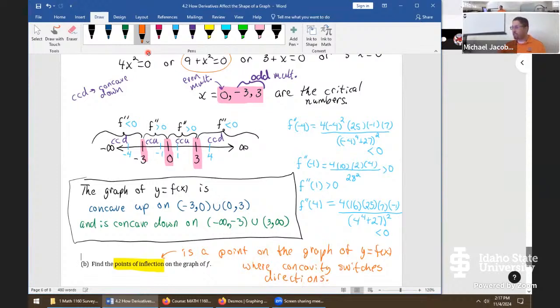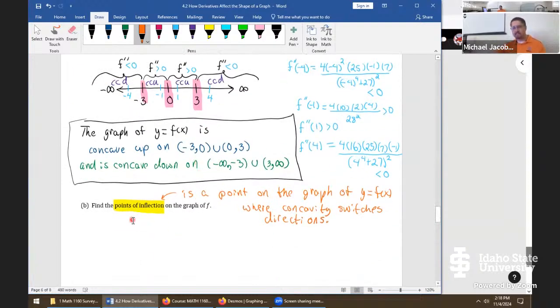So we're looking for points of inflection. Concavity switching directions, we mean where it switches from concave down to concave up, or vice versa. It's a point on the graph of y equals f of x, which reminds us inflection points look like this: we put in a number as our first coordinate. Let's take a look at our analysis.